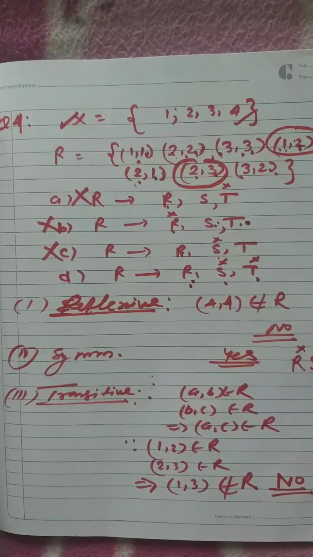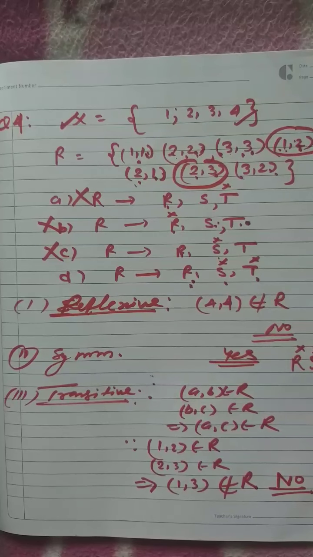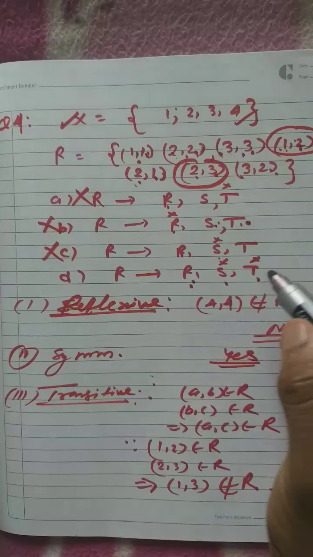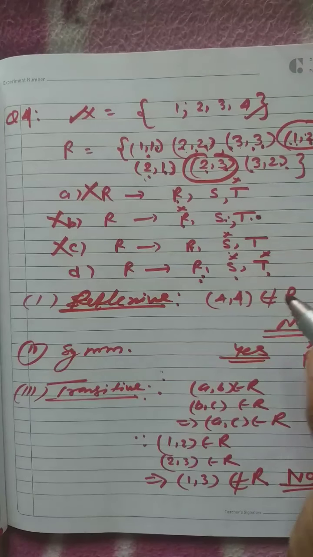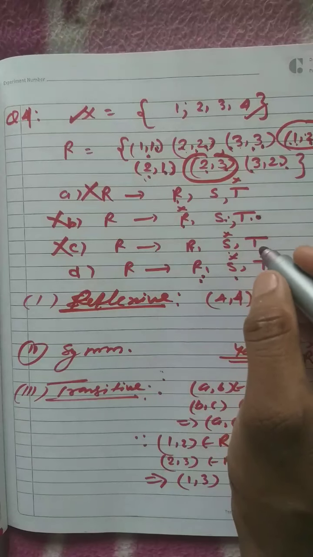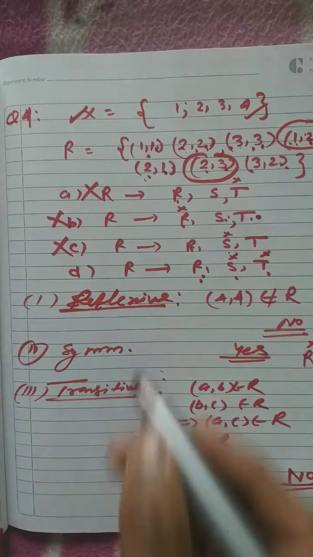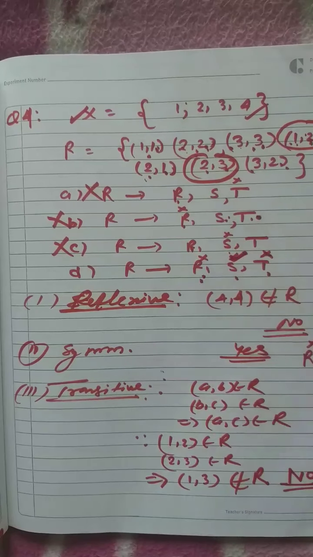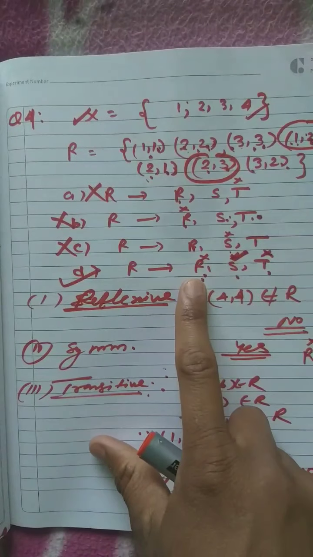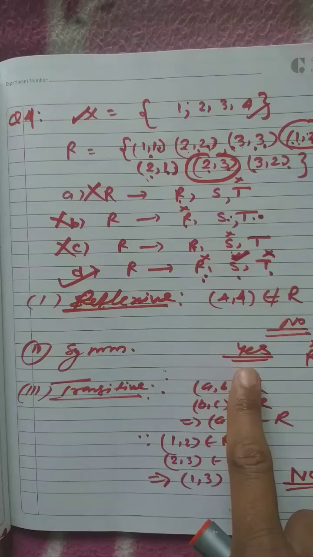So R cross, S, T cross: not reflexive, not transitive, but only symmetric.